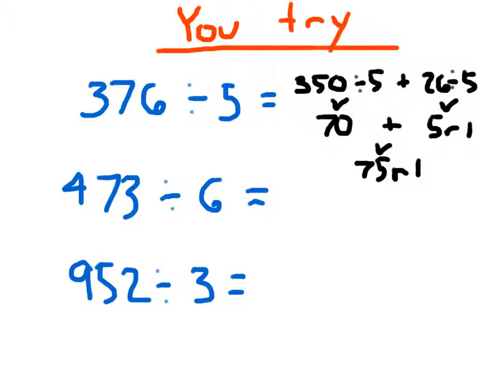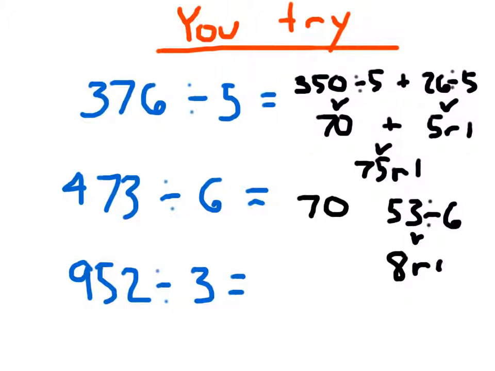When you start getting good, then you might be looking at 473 and going, okay, 420 divided by 6, that's 70. Then we had taken that away, and we had 53 divided by 6. I like to always see it, but that's just me. 53 divided by 6 is 8, with a remainder of 5.